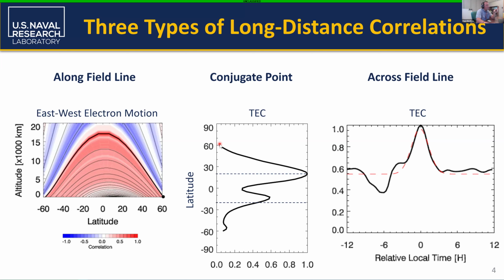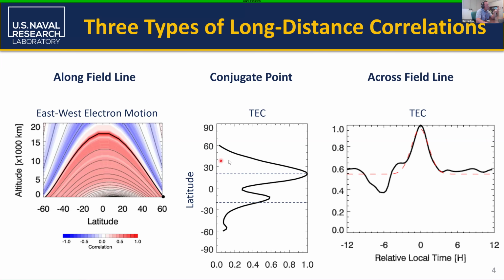So if you look in the total electron content and you now do a geographic meridian, right here, that's this latitude, and you correlate 20 north with the variables along that meridian, you will see that there's a peak, of course, at the location you're correlating, but there's also another one in the southern hemisphere if you do the northern hemisphere. And again, this is another long distance correlation. It's not spurious, it's real. And this one is also related to field lines.